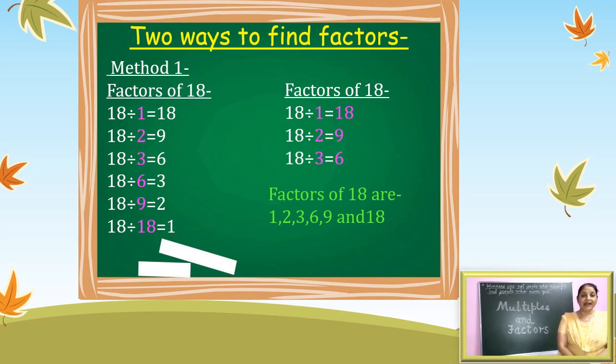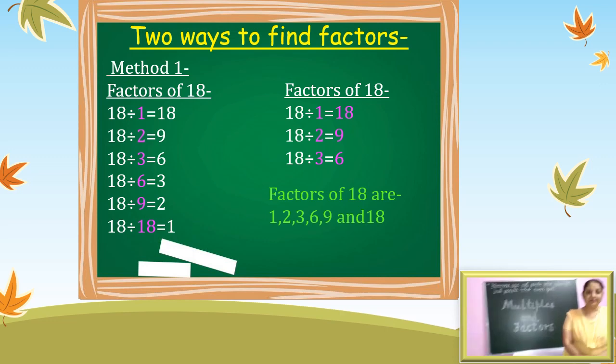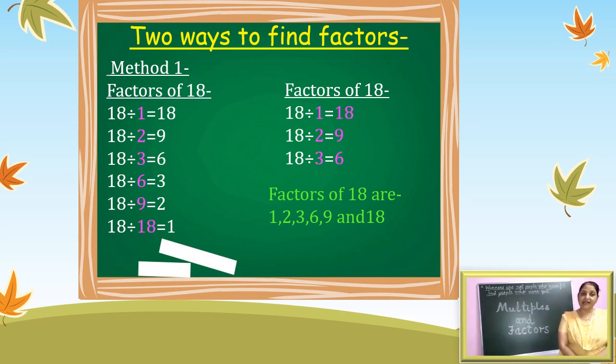So 2 and 9 are the factors of 18. 18 divided by 3 gives quotient 6. So here 3 and 6 are the factors of 18. So we can skip the last 3 steps, as they are just similar to the first 3 steps.